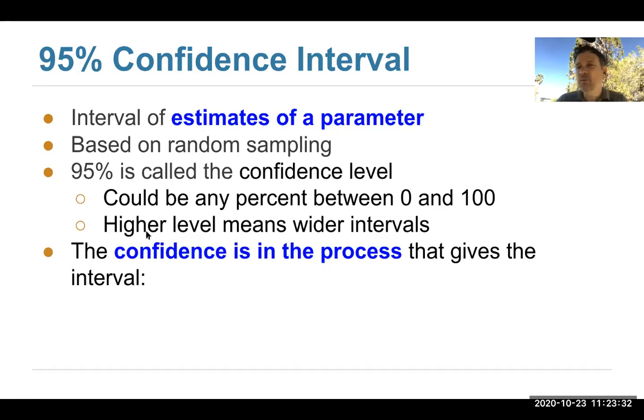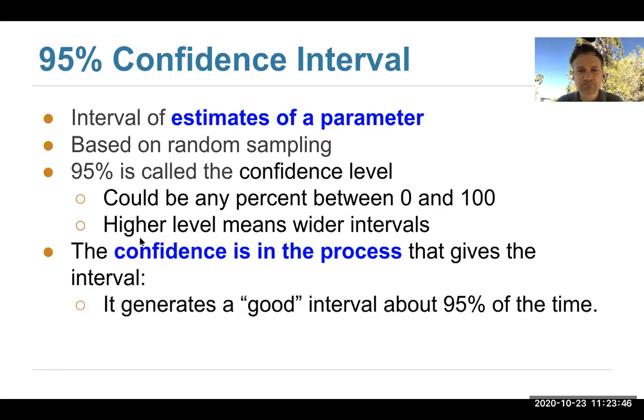We have a process that, given a random sample, will give me not just an estimate but a confidence interval. And the confidence is in that process. So I want to be a little careful about what we mean by 95% confident. What 95% confident means is that this process, if we were to use it over and over again across our lifetime, would generate a good interval about 95% of the time.